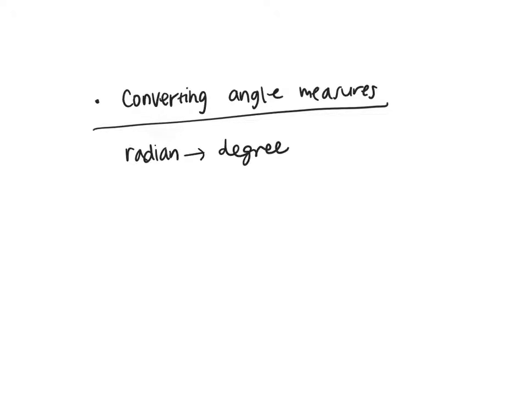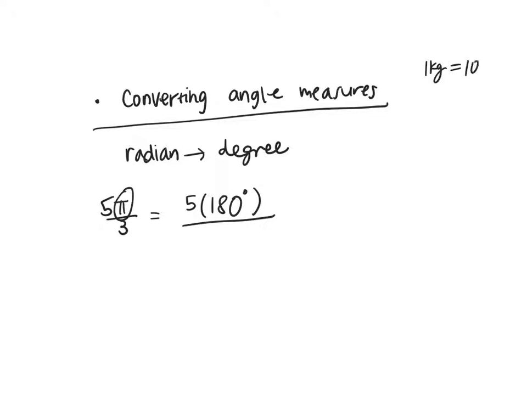So again, an example might be convert 5 pi over 3 radian into degrees. Again, I would say the easiest way is just to replace that pi with its equivalent, which is 180 degrees. So that's like replacing 1 kilogram with 1,000 grams because they're an equivalent unit conversion.